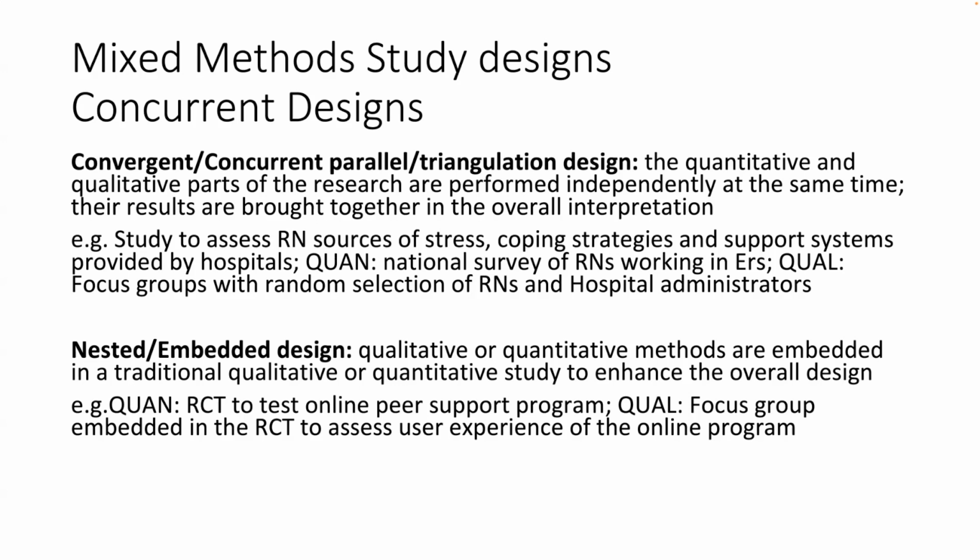Again, you have maybe focus groups with a random selection of RNs and hospital administrators, they might be easier to get, and then you're using the national survey. So this could happen simultaneously because the national survey is already there to draw data down, and you're just doing the focus groups. But again, you're utilizing both of those data sets to be able to answer your question.